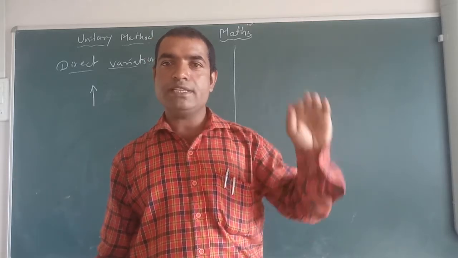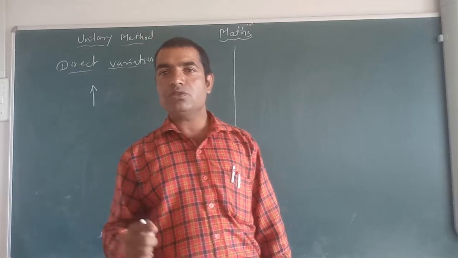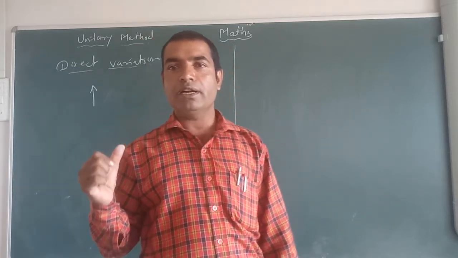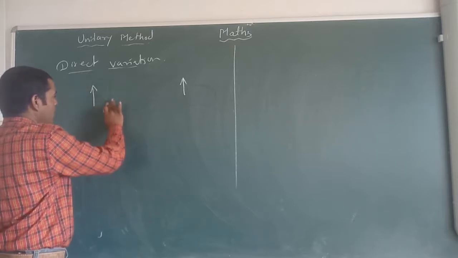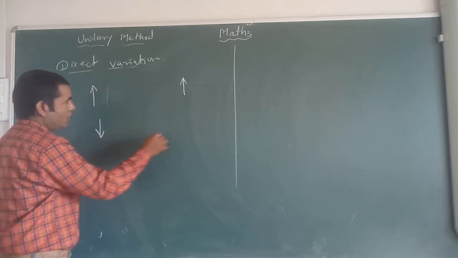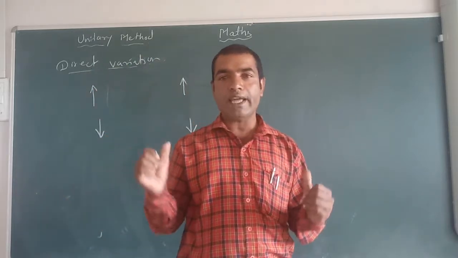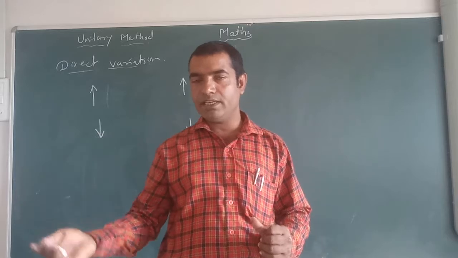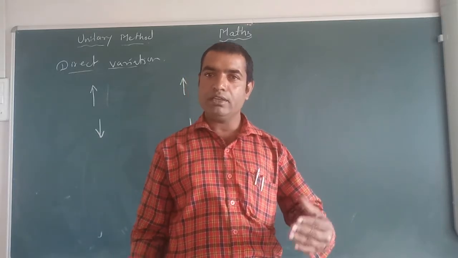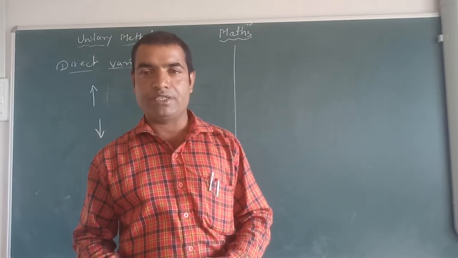That means decreasing one thing, there is a decrease in the other thing. This is also included in direct variation. So simultaneously both are increasing or both are decreasing, and that is direct variation.